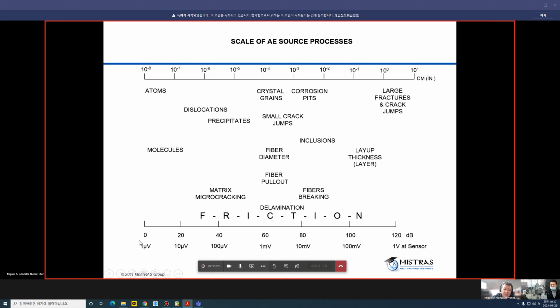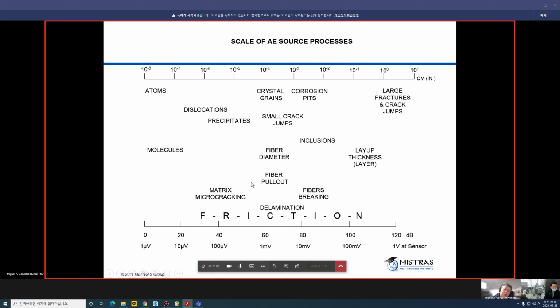Remember, the reference scale for the classification of the amplitude of signals is referred to a 1 microvolt signal, meaning that a signal of 0 decibel of amplitude corresponds to a signal of 1 microvolt size.